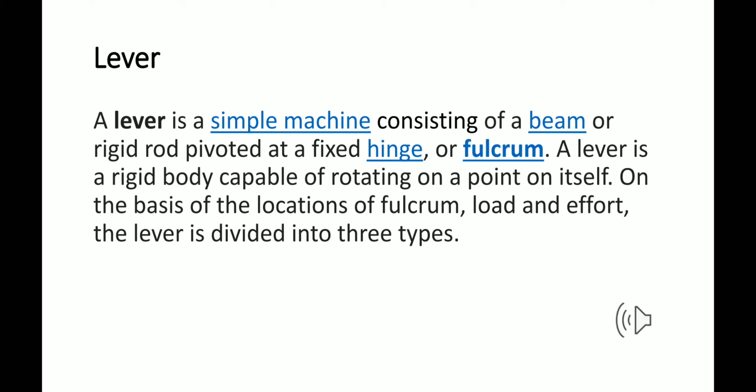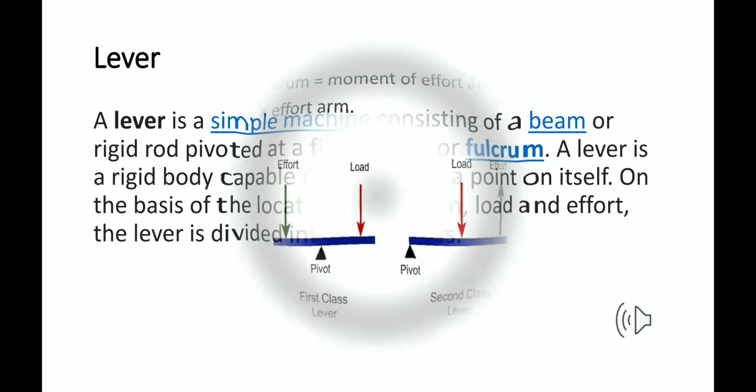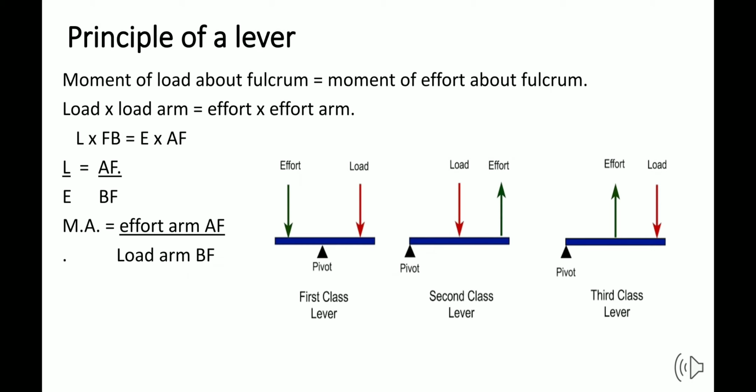Now, what are these three types? We are going to study further. So, students, the first class lever will be when the effort and load are on the extreme ends and the fulcrum lies between effort and load.